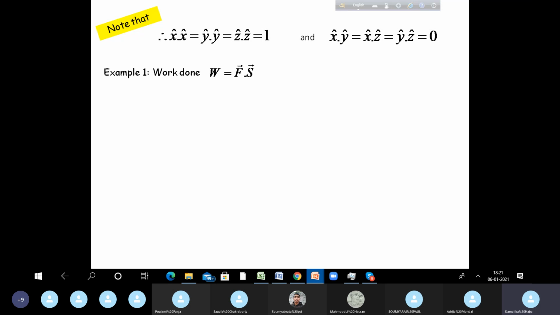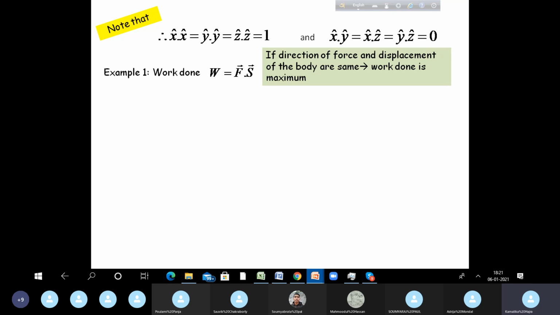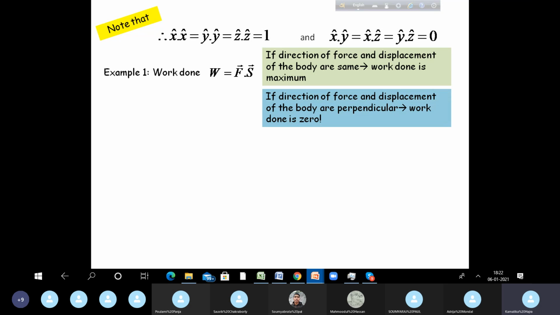Example of dot product. Again, this is recapitulation of schoolwork. Work done is F dot S, where F is the force and S is the displacement that the force produced. And we know that if the direction of the force and the displacement that it produces in the body are the same, then the work done is maximum. Whereas if the force is acting in such a manner that the body is displaced perpendicular to the direction of action of the force, then the work done is 0.